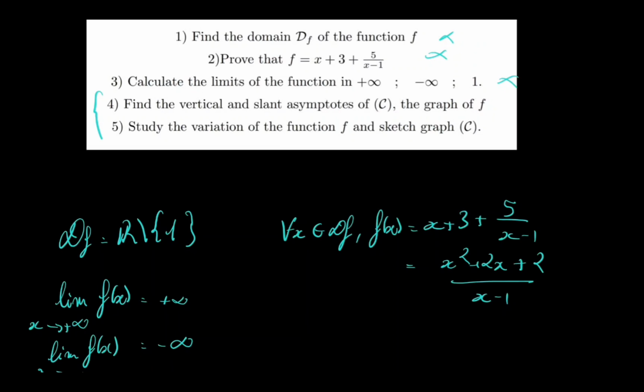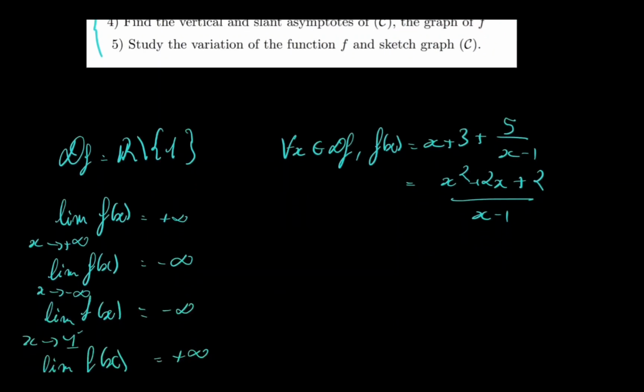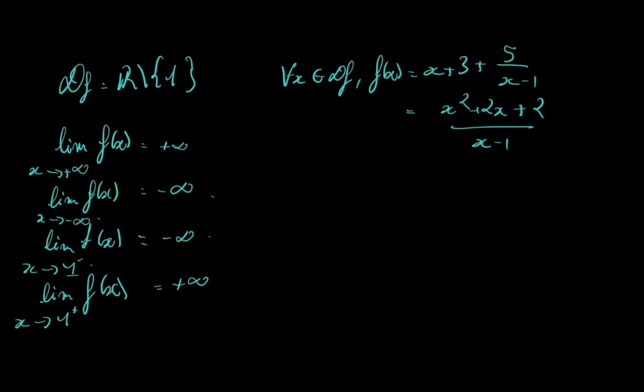Then we proved that the limit in plus infinity is equal to plus infinity, in minus infinity is equal to minus infinity, in 1 minus, so just before 1, this is equal to minus infinity, and in 1 plus, this is equal to plus infinity.